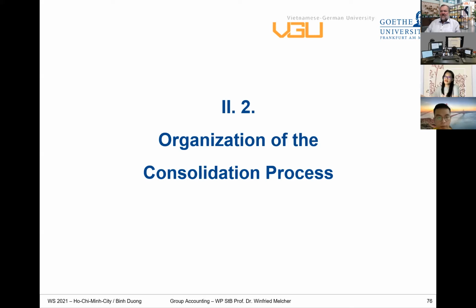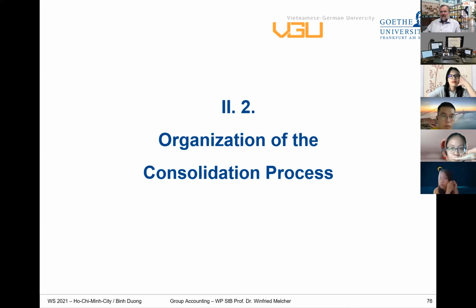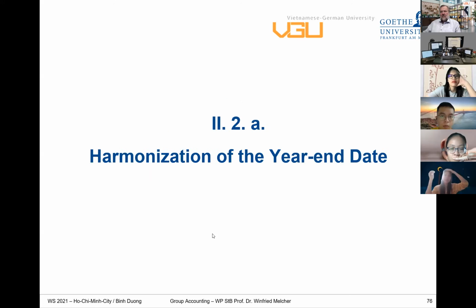We were talking about the consolidation process, and with the next slides, I would like to go into the organization of that consolidation process to look at some specialties, but we should know about those. So the first thing that we will have to look at is the harmonization of the year-end date.